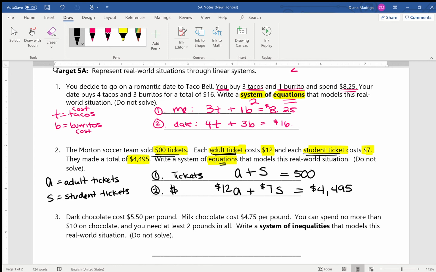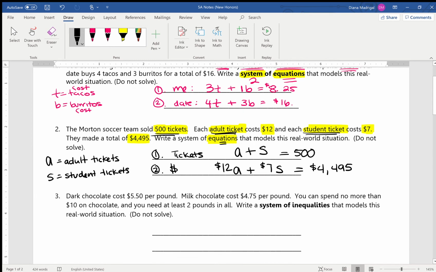So there you go. I have $12A plus $7S equals 4,495 for the second equation. So the first equation represents the number of tickets. The second one is the money, how much you're spending, the total money you have. Okay, then that's it.